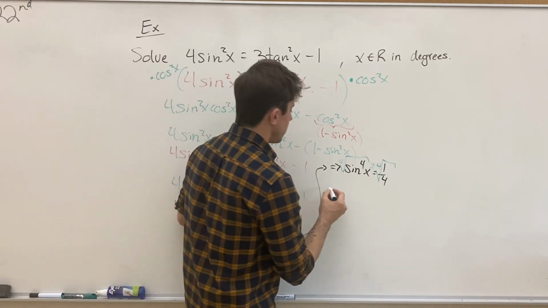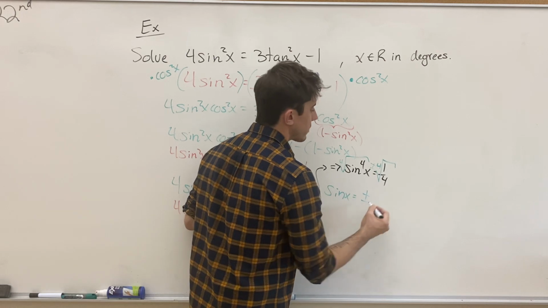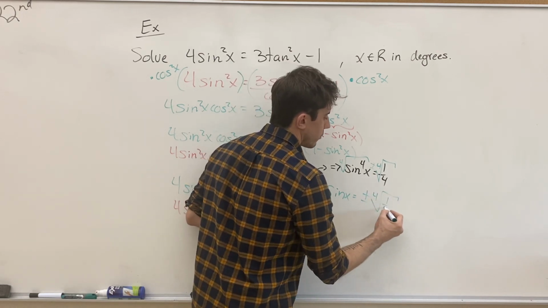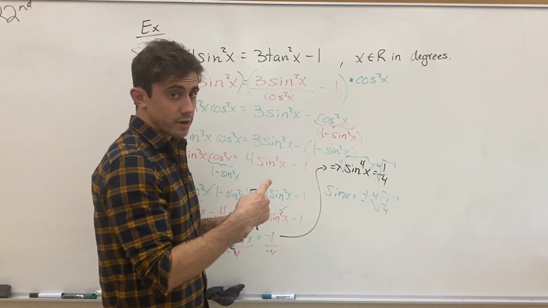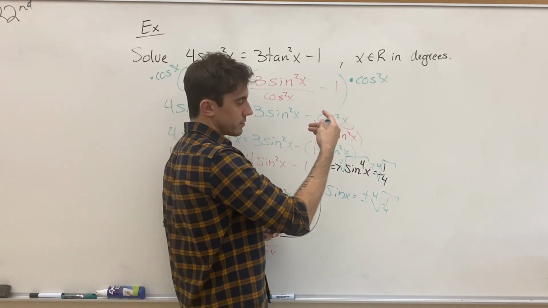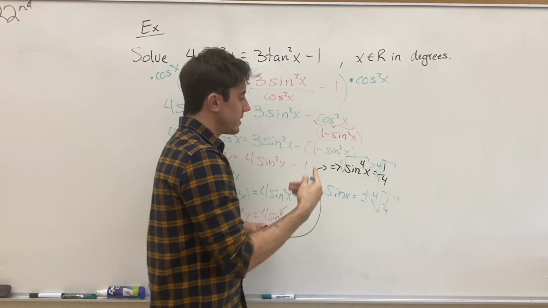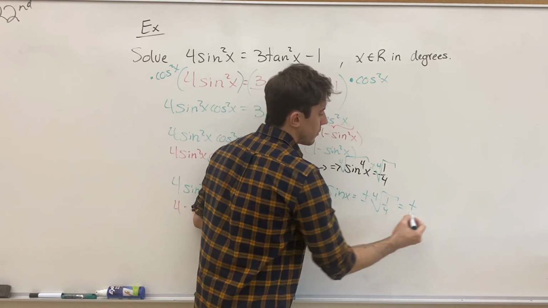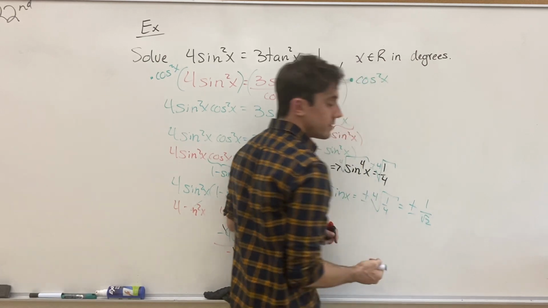And so we have that sine of x can be positive or negative, the 4th root of 1/4, and the 4th root of 4 is like the square root of the square root of 4, which is the square root of 2. And so this is positive or negative 1 over the square root of 2.